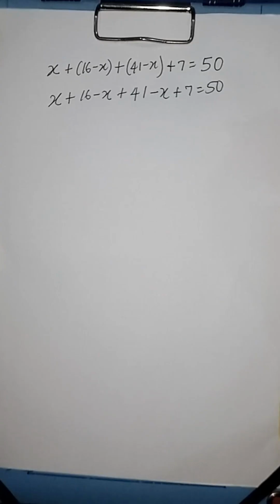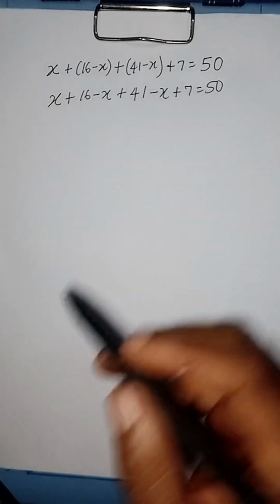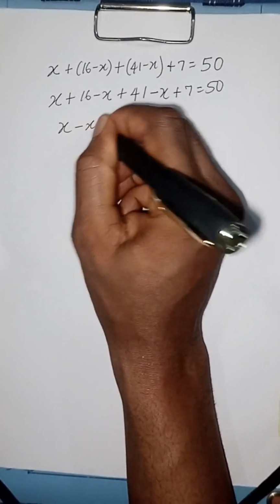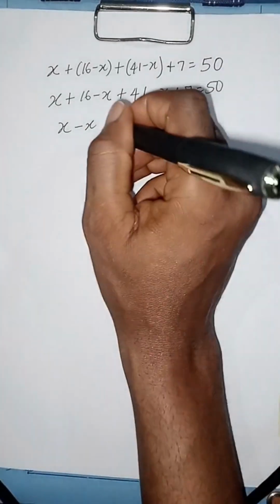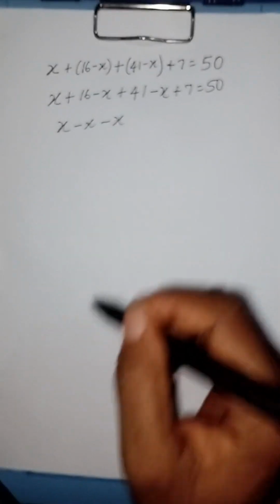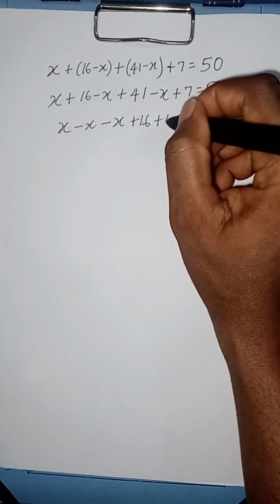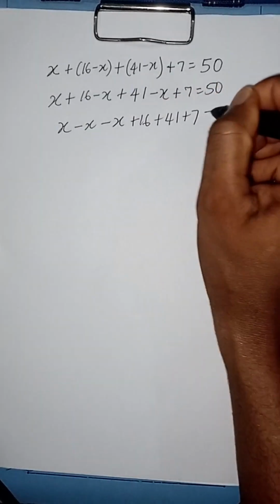The next step is to collect like terms. So you take the X to one side and the numbers to the other side. So let's see how we can do this. This is X minus X, this minus X again, and then plus 16 plus 41 plus 7 equals 50.